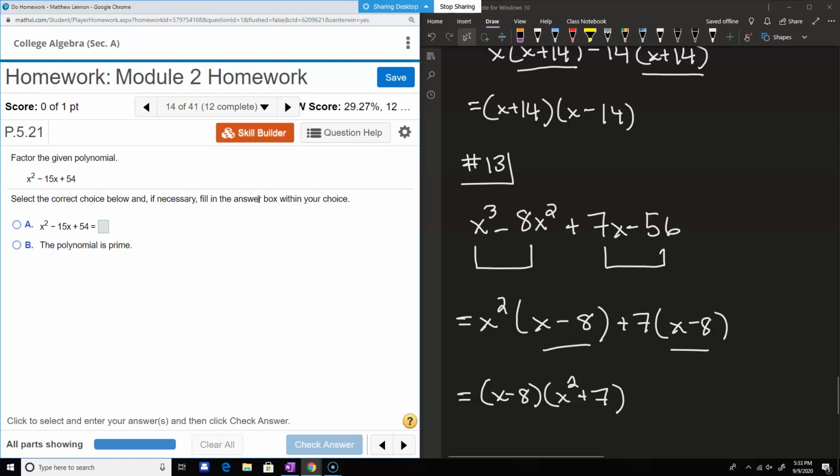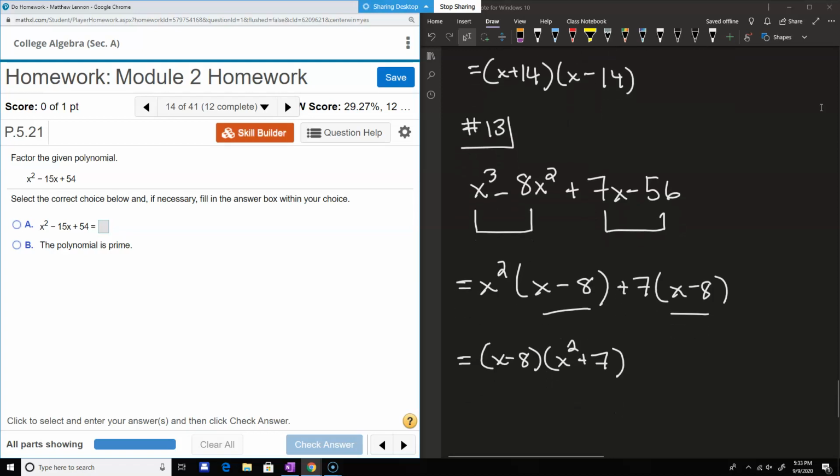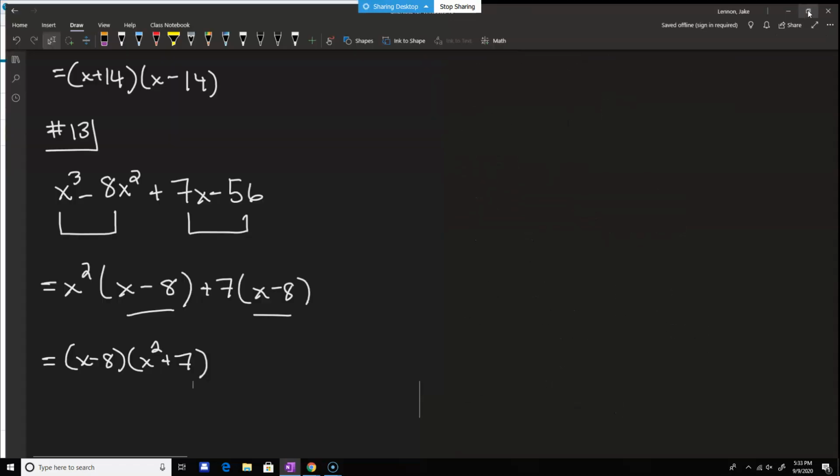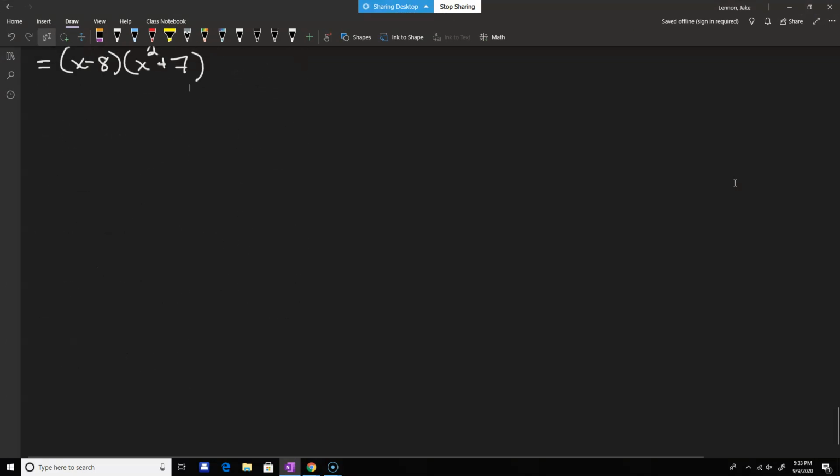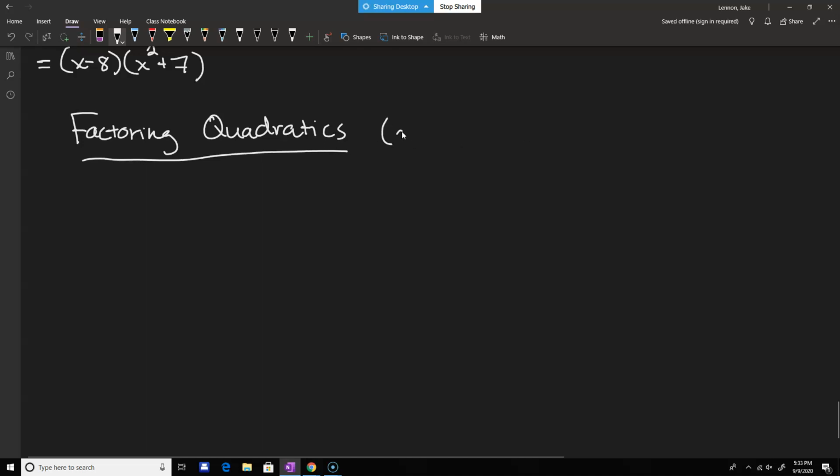Okay. So now let's talk about factoring polynomials in general. So factoring quadratics is what I want to talk about. So quadratics basically look like ax squared plus bx plus c, where when you're looking at the problem, a, b, and c are just regular numbers.